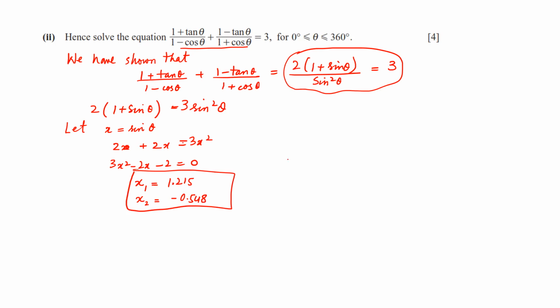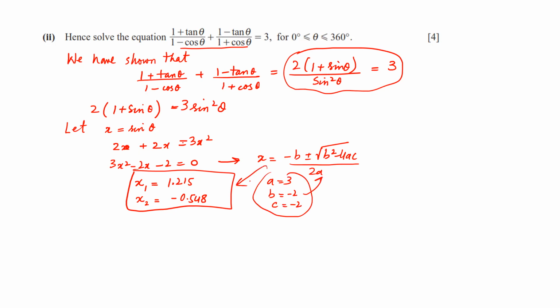Okay, and you can remember you can solve it by x equals minus b plus minus under root b square minus 4ac over 2a. So you'll have two values where a is 3, b is minus 2, c is minus 2. If you put in these values in this equation, you will get these two values.